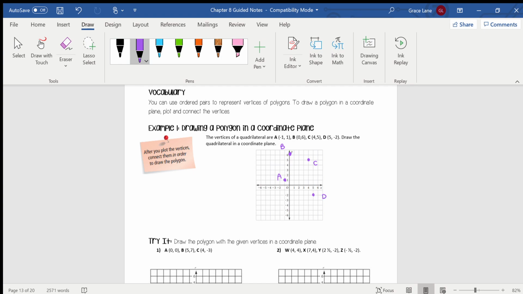Okay, connect them in order. So A to B, B to C, C to D, and then back to the start. Yours probably looks a little bit better, but this is a quadrilateral because it has 4 sides, but it should look kind of like that.